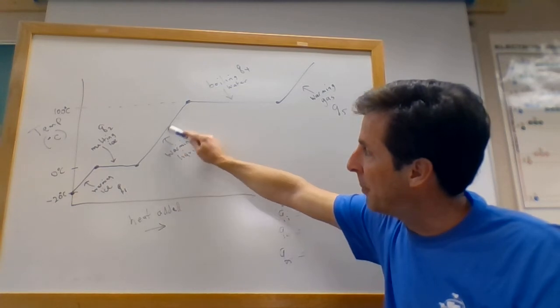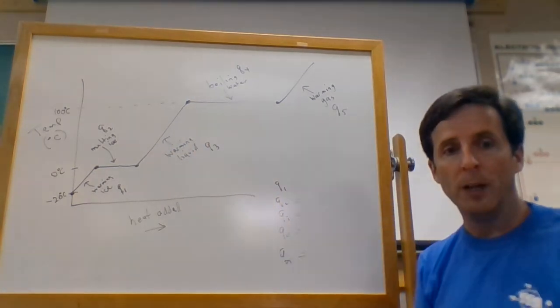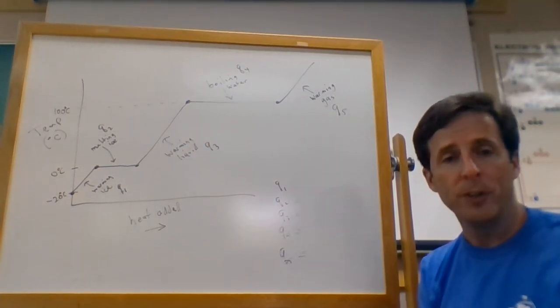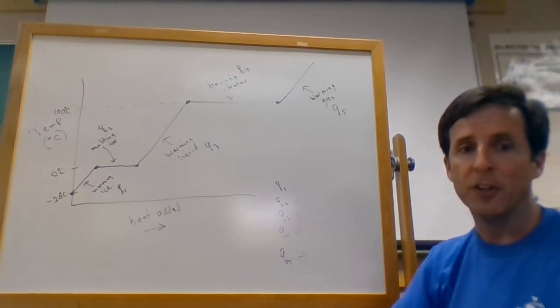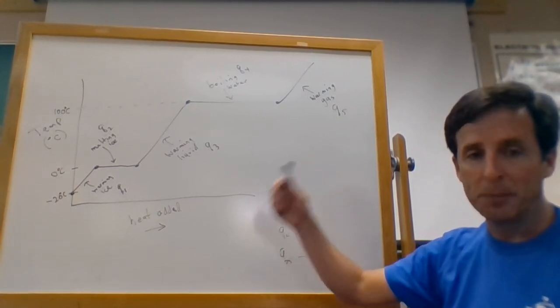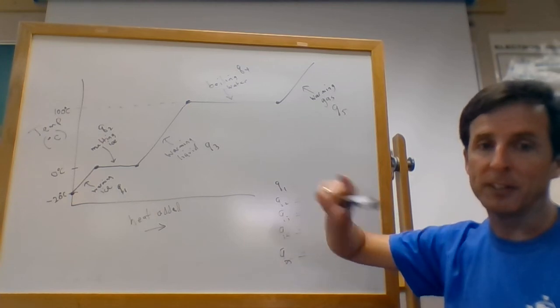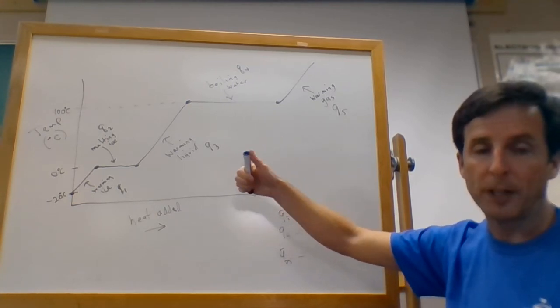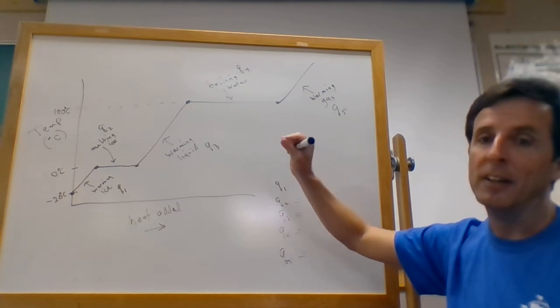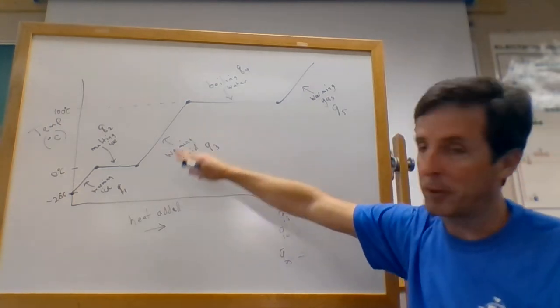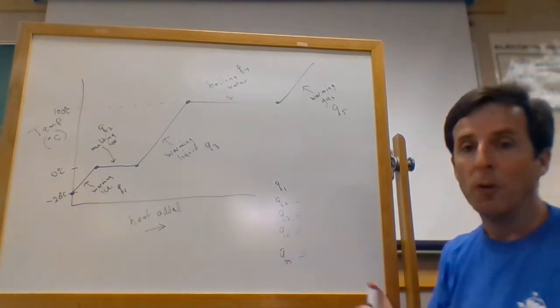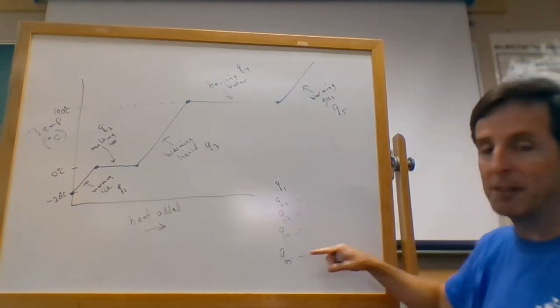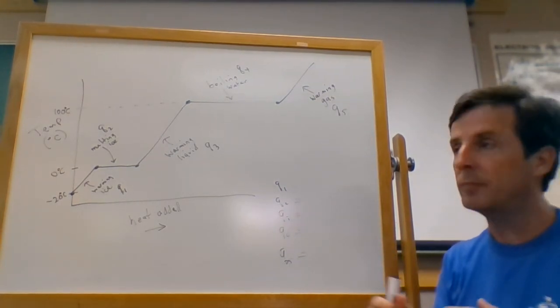If you're just moving up a diagonal, you do MC delta T, where you should know the mass of the sample, you should know the specific heat of whatever substance it is, and it is specific to the physical state. So liquid water is 4.184 joules per gram degree Celsius, and then delta T would be the change in temperature. Okay, so for Q1, Q3, and Q5, they're all going to set up that way.